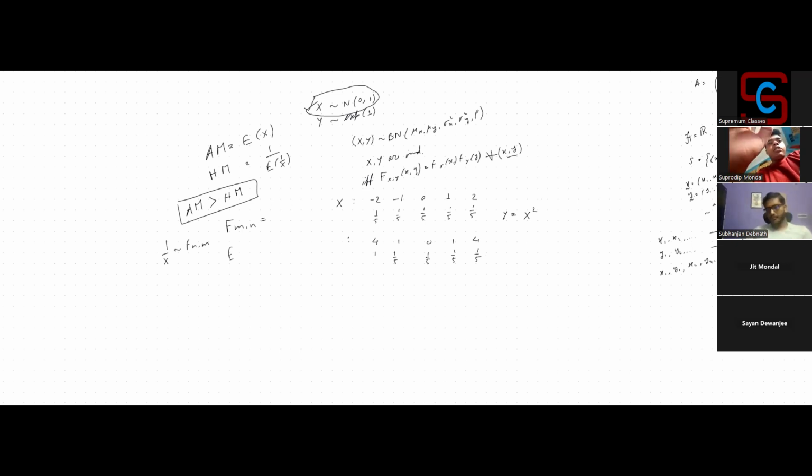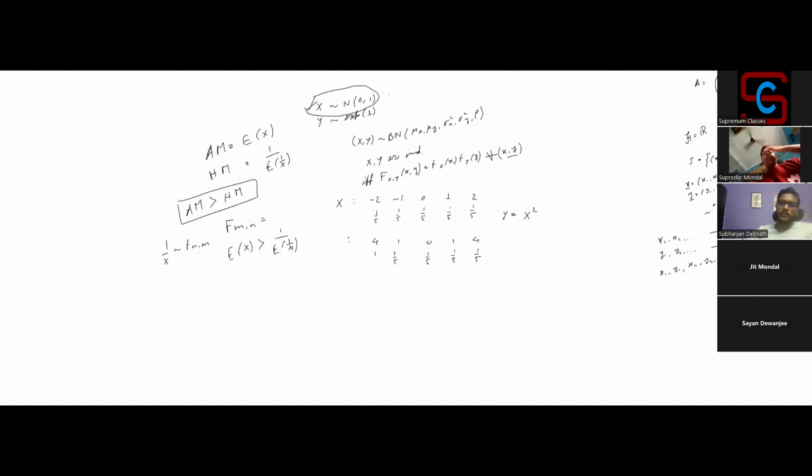m greater than or equal to 1 by x. You can tell me if you need a hint, right?